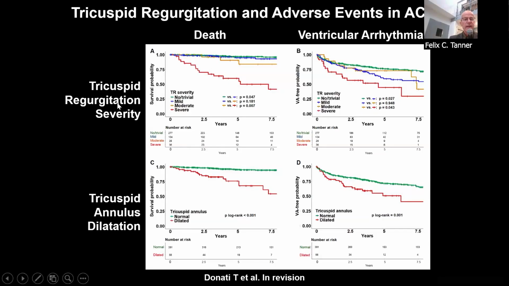When you look at the impact of tricuspid regurgitation severity on survival probability, then it is evident that the more severe the tricuspid regurgitation, the higher the risk. And the same applies to ventricular arrhythmia. And this is interesting now. When you only look at the dimension of the tricuspid annulus, you have the same pattern.